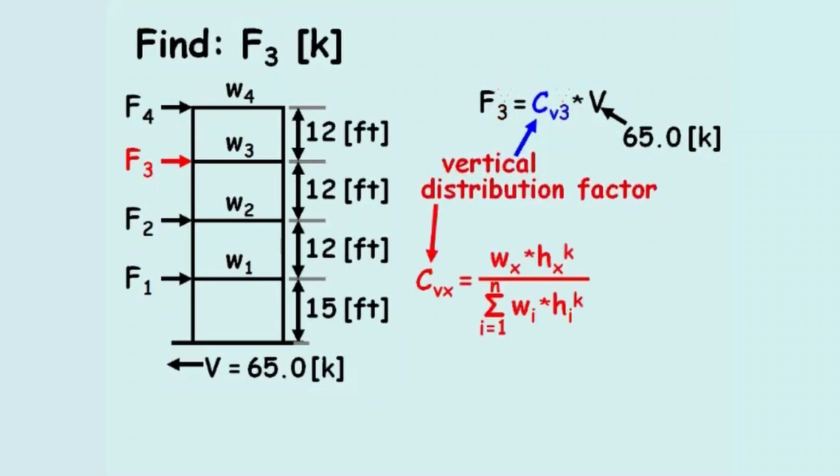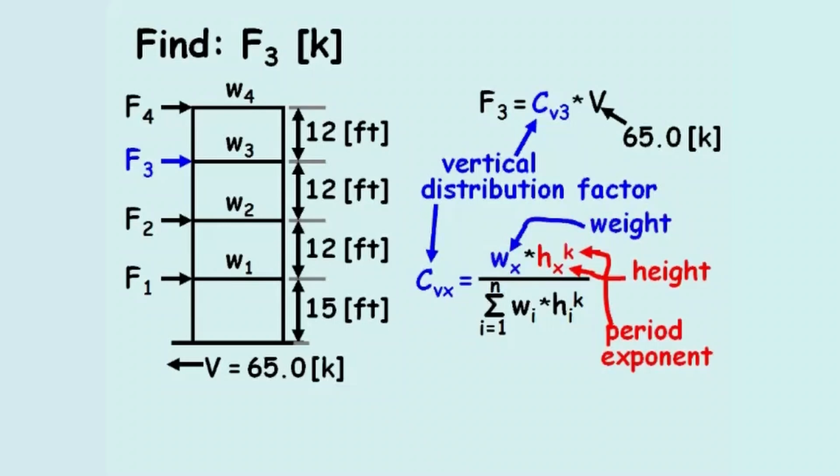The vertical distribution factor for a story equals the weight of that story, Wx, times the height of that story, Hx, raised to the period exponent k, all divided by the sum of that same product for all of the stories in the building.